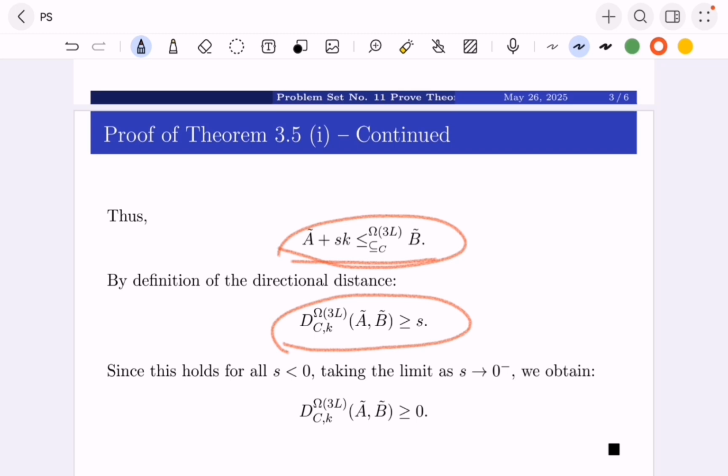So if we let S approach this one, we get this limit. We have shown that if the fuzzy set A is less than or equal to the fuzzy set B in the closed cone sense, then the directional cone distance between them is always non-negative.